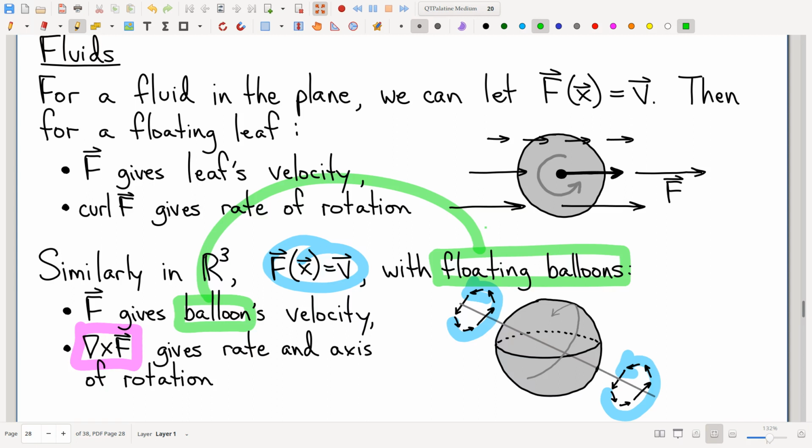Well, to the extent that the air is rotating, the balloon likewise is going to be rotating in the same way. And curl is going to tell you the axis of the rotation and, again, units aside, to some extent, the magnitude, how much rotation. Everybody buy it? Everybody see how it's the same idea as two-dimensional curl? Analogous?